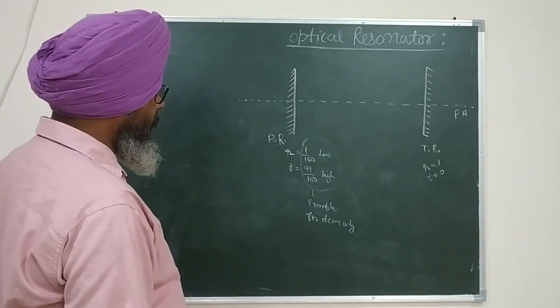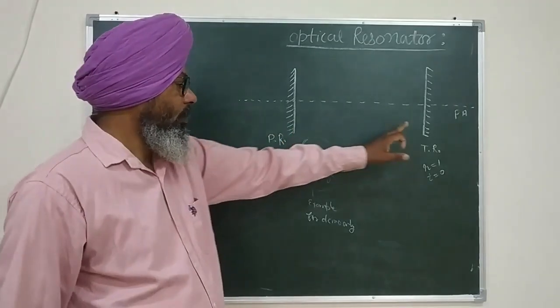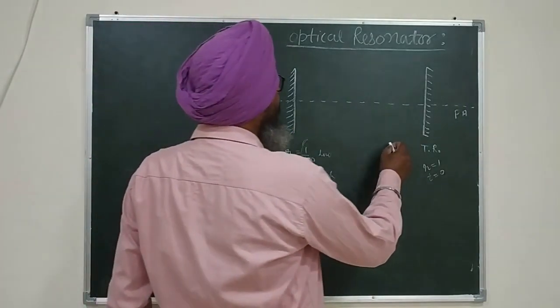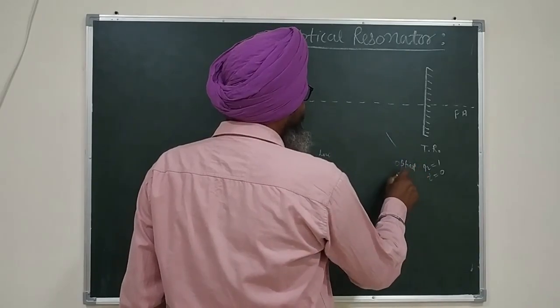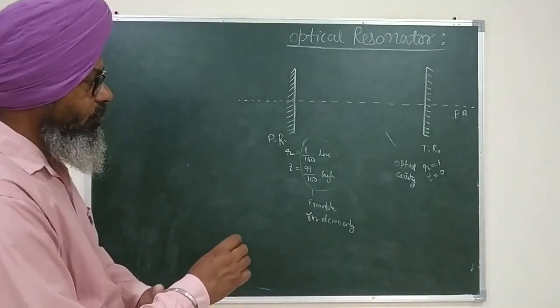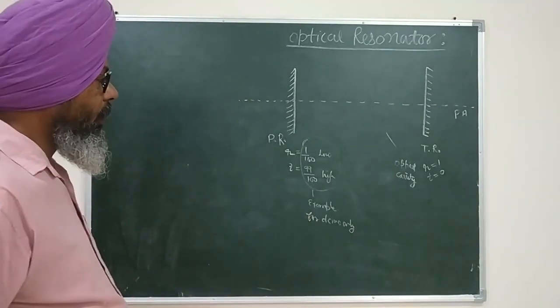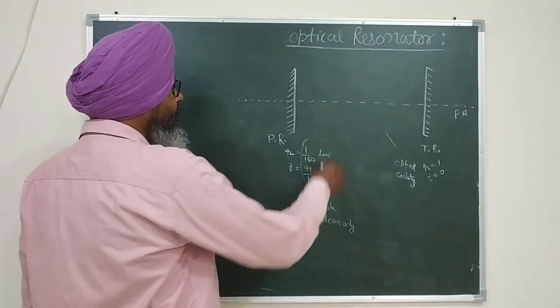The space between these two mirrors is called the optical cavity. So this is our optical cavity. Optical cavity is the space between the two mirrors of an optical resonator. What we do is place the lasing medium.